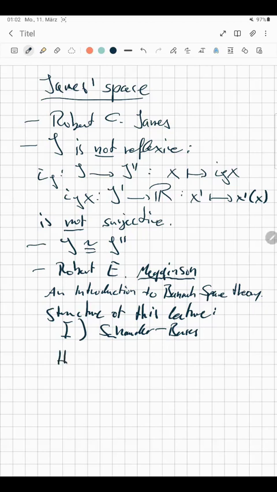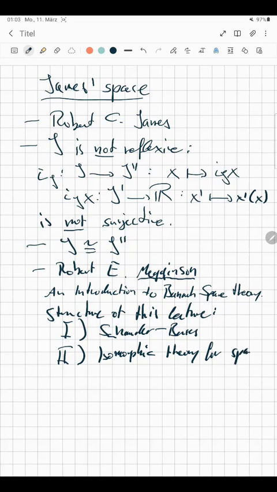Then in the second part, we will develop a theory for isomorphisms of Banach spaces, which are kind of like the Banach space c_0, which is the Banach space of real sequences which converge to 0 in R.